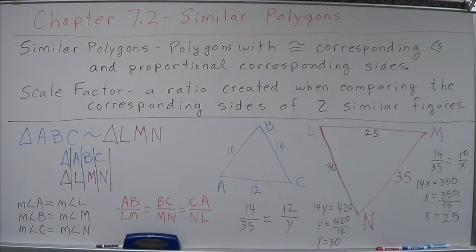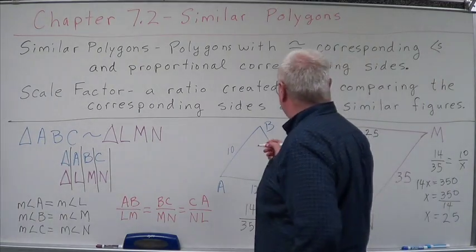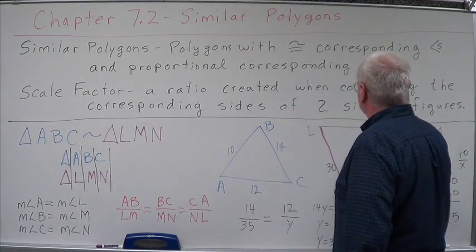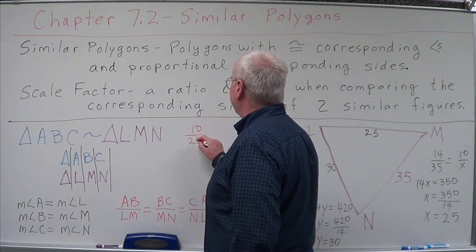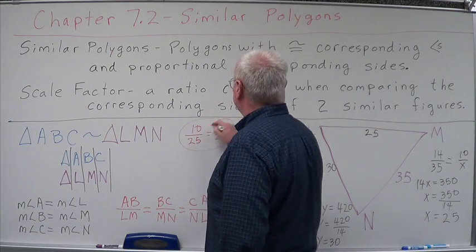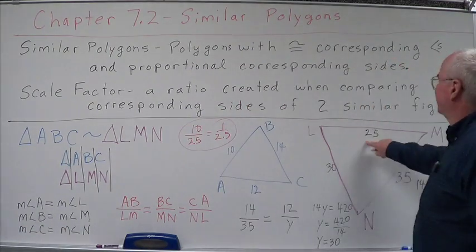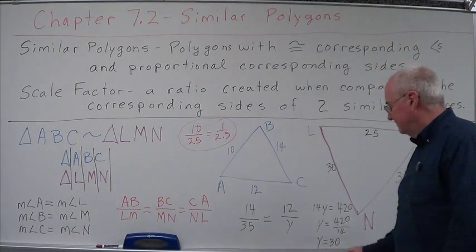Now let's look at those ratios. Let's do AB is to LM. We've got 10 is to 25, which equals 1 over 2.5. Oh wow, the sides are 2.5 times bigger.